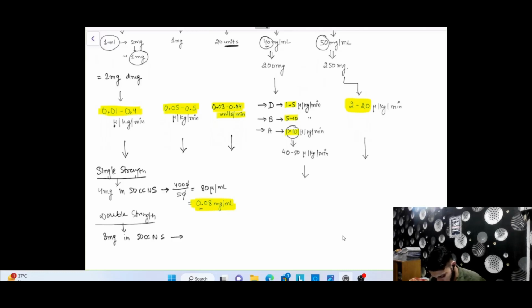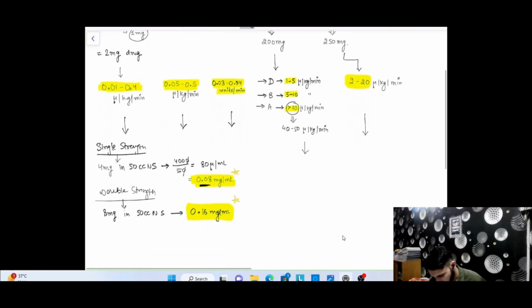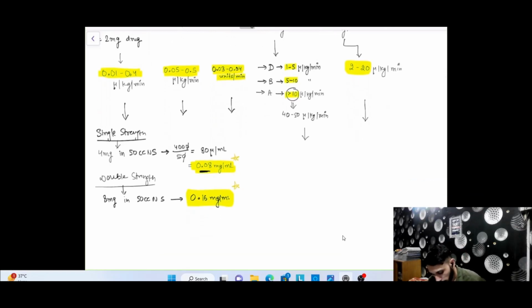This will obviously double, so it will be 0.16 mg per ml. These are the two basic concentrations of NORAD that we use practically, 0.08 mg per ml and 0.16 mg per ml.